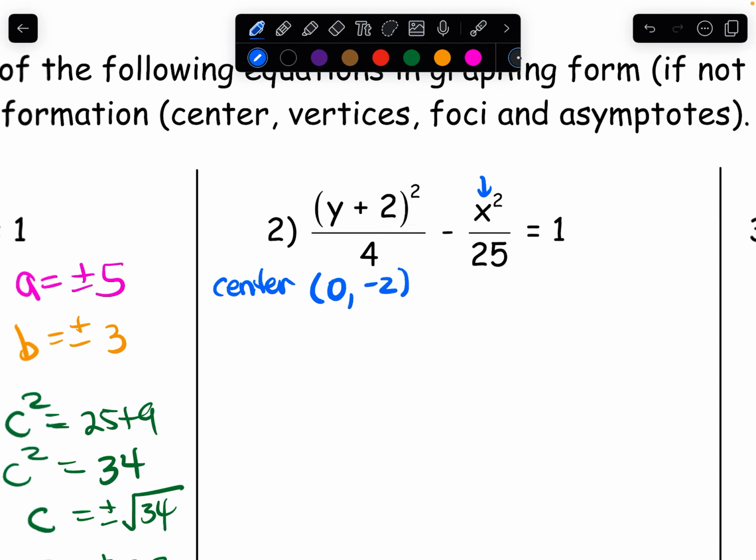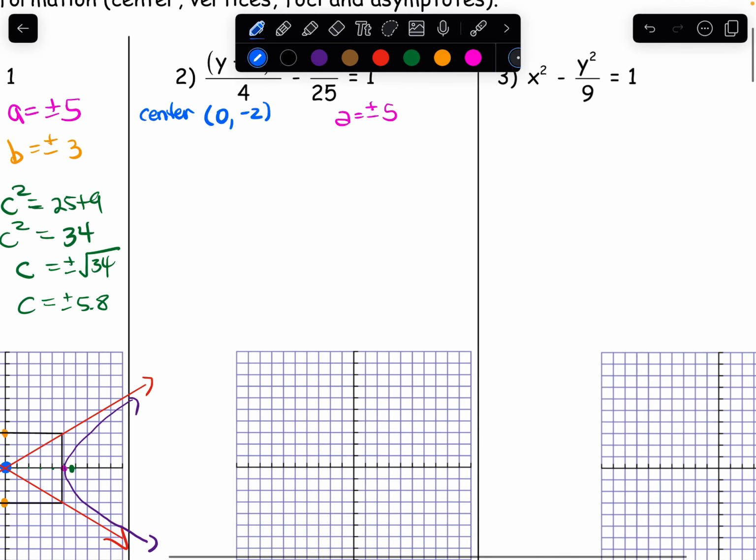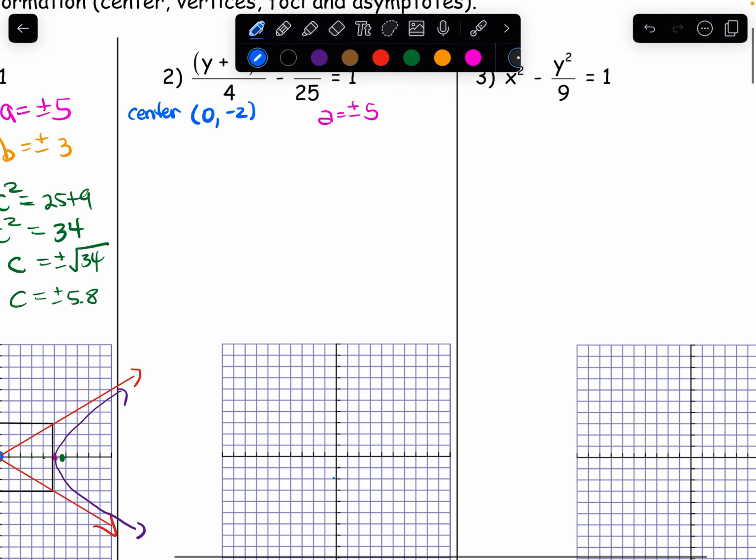I was trying to color code this. So my a value is what's underneath x. So that's going to be plus or minus 5. So I'm going to come down here and plot 0, negative 2. And that's going to be here.